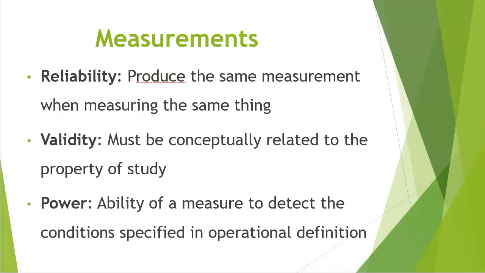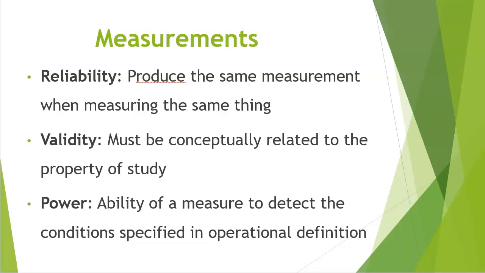Or a good example here is when you're measuring weight of, say, you have a 50-pound rock. Every time you weigh the rock, it should be 50 pounds. That's reliability. And then we've got validity.